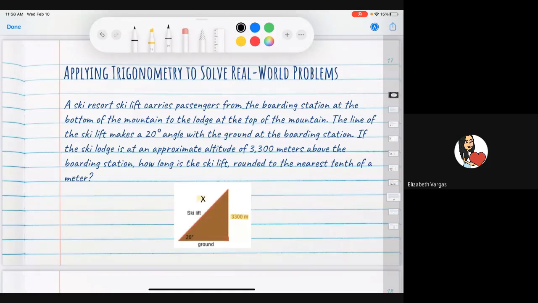So we've been given information about our opposite, and we're looking for the hypotenuse. What does this remind you of? Well, it should remind you of SOH, which means we're going to use sine. So sine, we put our acute angle, equals, what is our opposite?